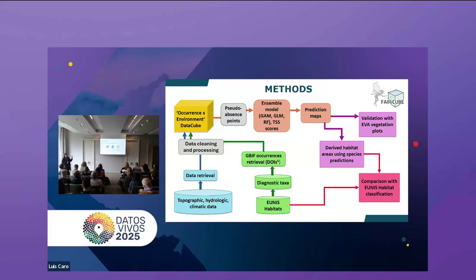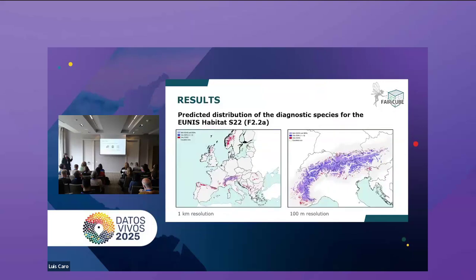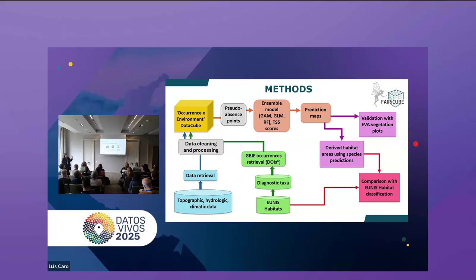And also we prepared pseudo-absence points based on the presence data from GBIF, using a random method with a radius of 100 meters. And then we used a supervised ensemble model built on GLM, GAM, and random forest models, evaluated with cross-validation.